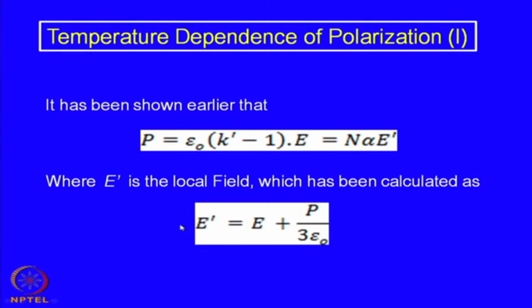E prime can be related by this equation, which has not been derived here, but one can accept that E prime equals E plus P by 3 epsilon naught. So, this is the expression of E prime.